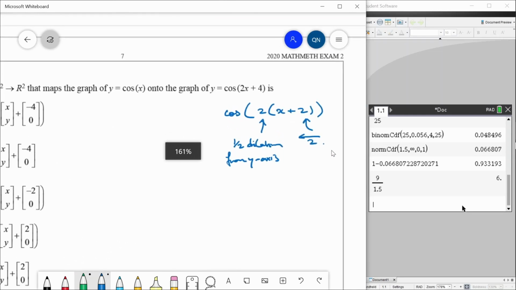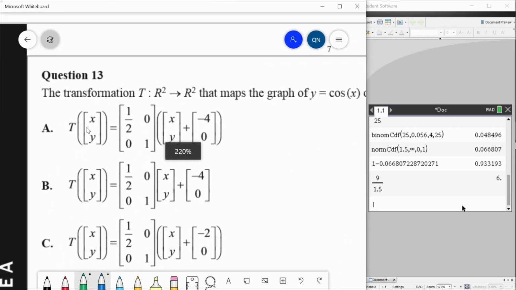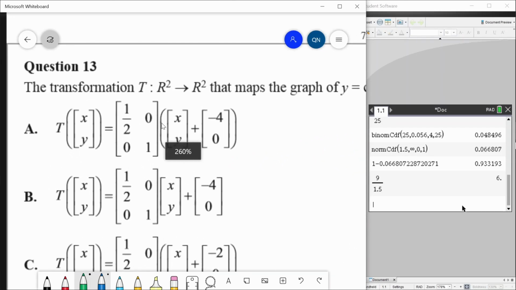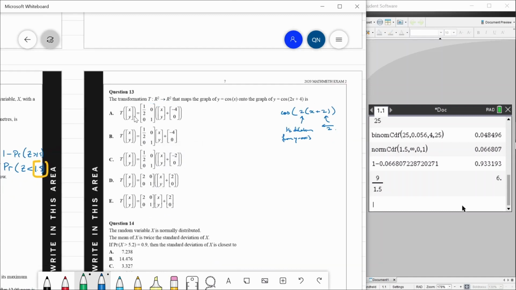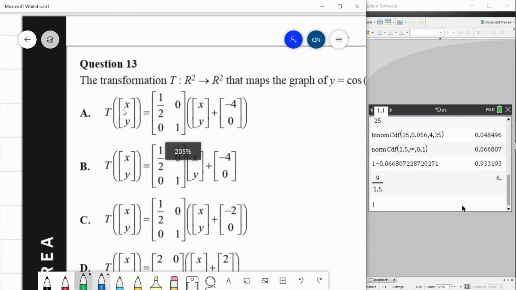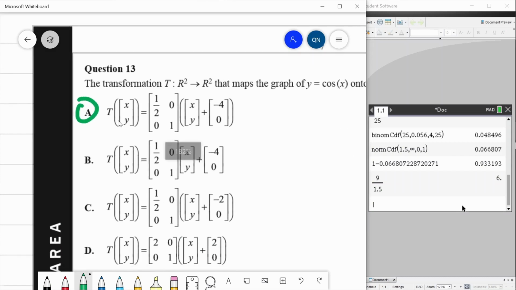We want only a translation 2 units to the left. So we're kind of going for A here. Now the reason why A makes sense is because we have these brackets. So if you multiply in this matrix over here, that makes sense. You multiply a half into that, that's a -4. That gives you the -2 that we were after. So therefore, it has to be A. So question 14.